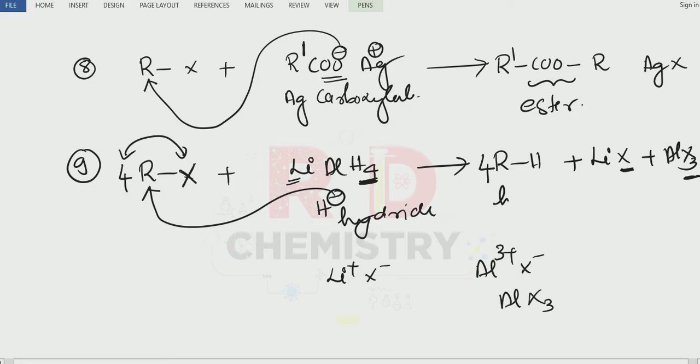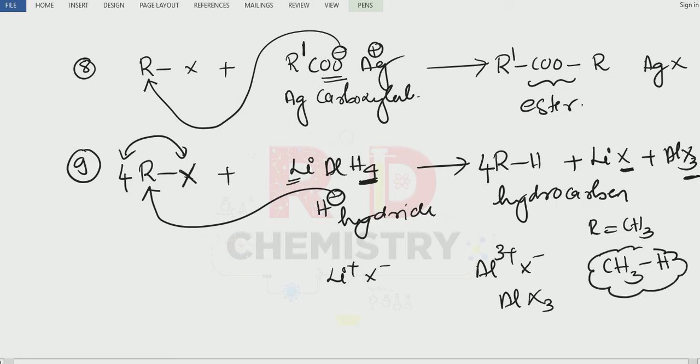RH stands for hydrocarbon. R is generally CH3, methyl, ethyl, propyl. So CH3 with one hydrogen attached gives methane, one of the alkanes. In general, I can write hydrocarbon. It can be alkane, alkene, alkyne.